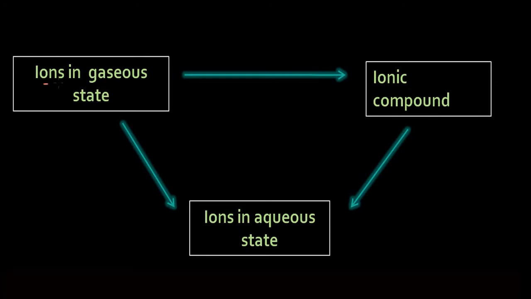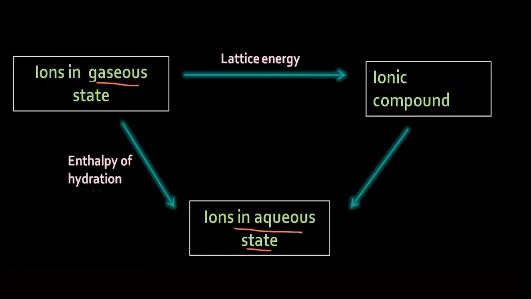The process of changing the ions in their gaseous state to an ionic compound is a process in which the energy change will be the lattice energy. When the ions in the gaseous state change to ions in the aqueous state, that is the process where the enthalpy of hydration takes place.